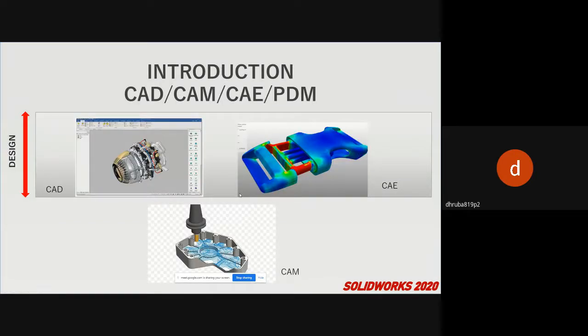Before giving any introduction to SolidWorks, I want to give an introduction to CAD, CAM, CAE, and PDM. In current industry, the industry cannot survive without competing, right? Unless they introduce new products with better quality at lower cost in short time.